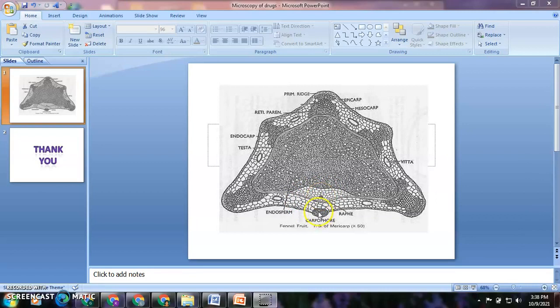While this is the carpophore, generally it consists of thick walled sclerenchymatous cells present in the form of two strands. So this is regarding the detailed microscopy of fennel fruit.